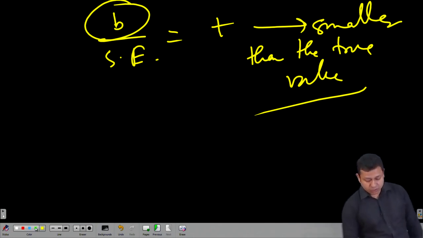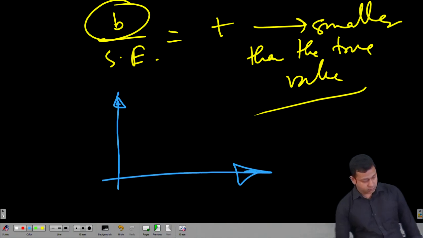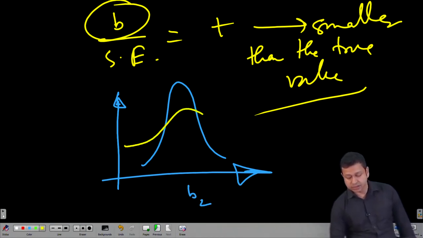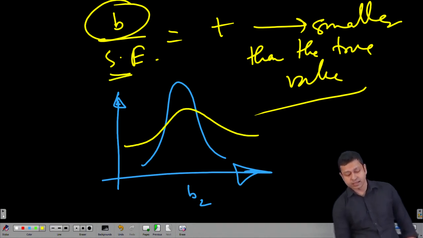And if I want to draw the diagram here, because the standard error is going to be inflated, the actual distribution of B2 was like this, now the estimated distribution is going to be like this because of the higher standard error.